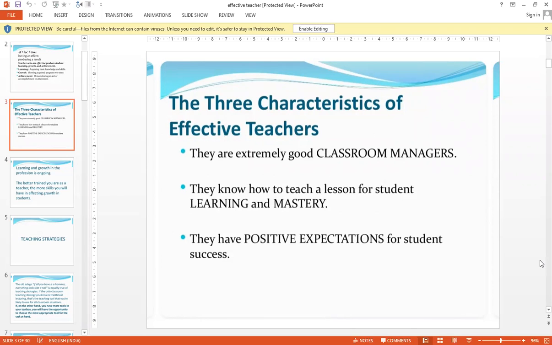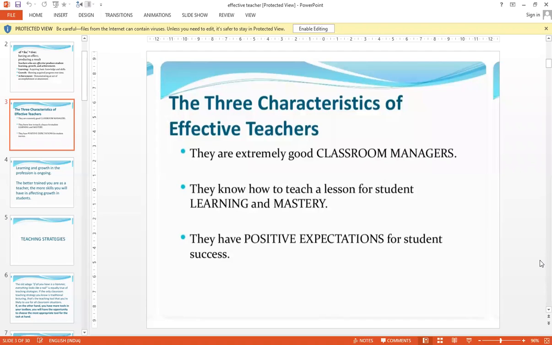One of the basic characteristics of effective teachers is that they are extremely good classroom managers, which means they are good in managing the classroom. Right after they enter the class, they see to it that the students are properly arranged, the benches are properly arranged.